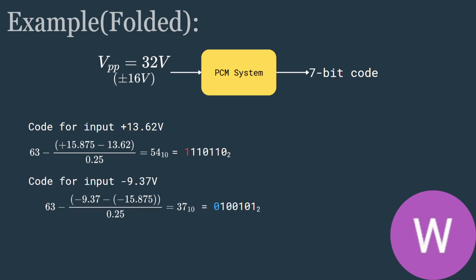Now let's say we want to find the code when we input a voltage. So now we input a voltage of 13.62. If we want to find back the code, we need to find the Y value. Because this is positive 13.62, if you remember the formula before, for positive, the formula is Z minus VKH minus voltage over quantization interval.